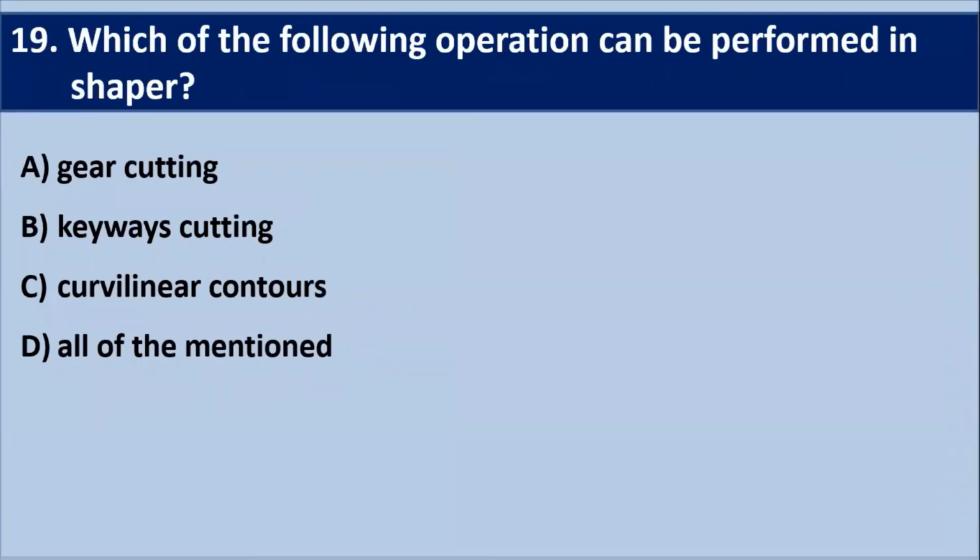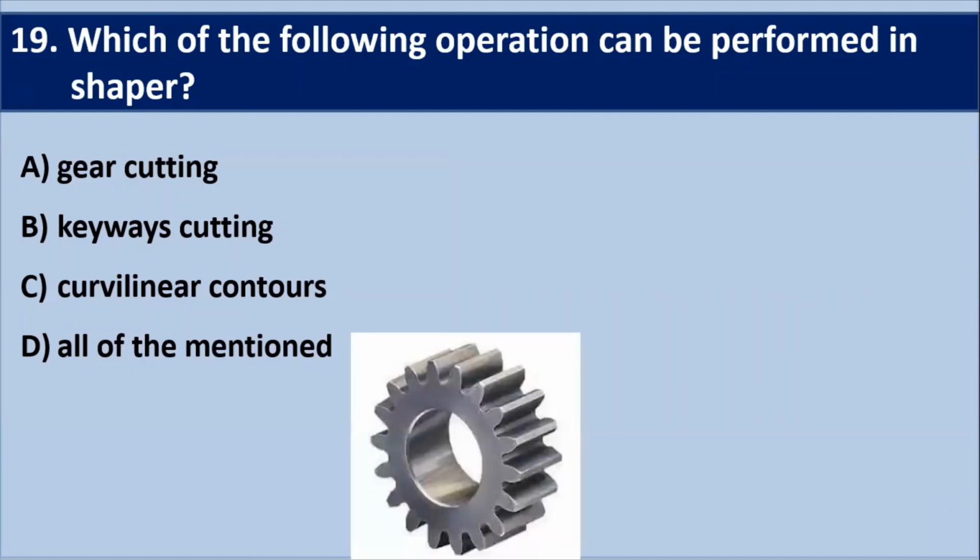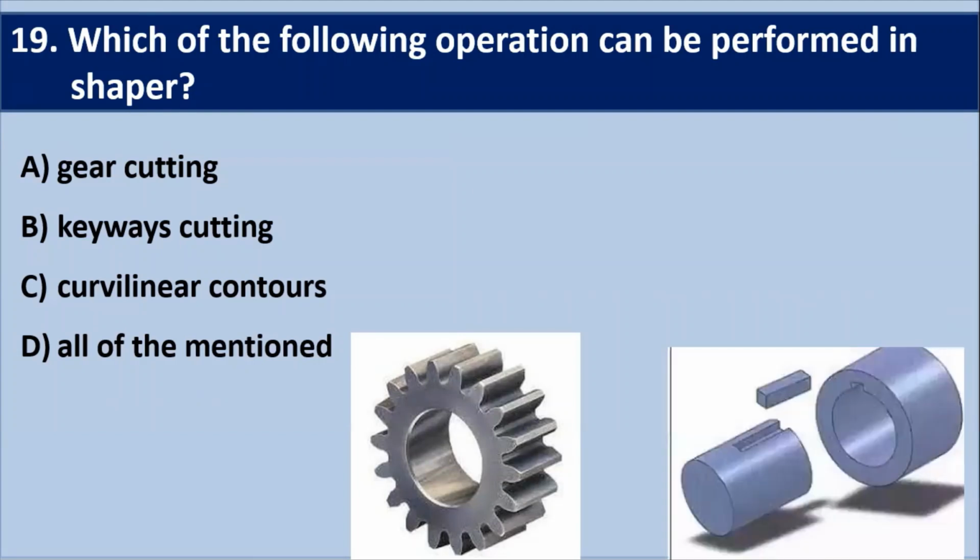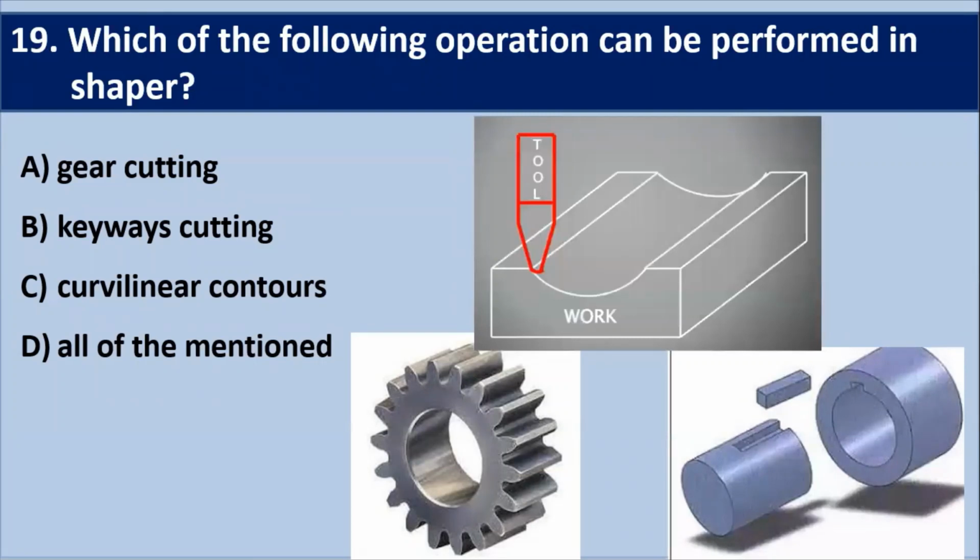Next is, which of the following operations can be performed in the shaper? So students, I'll show you that this is the gear. You can go for gear cutting also, right? Even the next one, this is keyway cutting you can do. Here also some curvilinear contours are even possible.